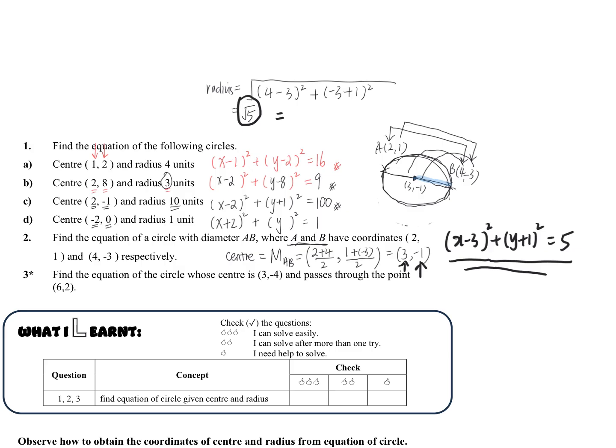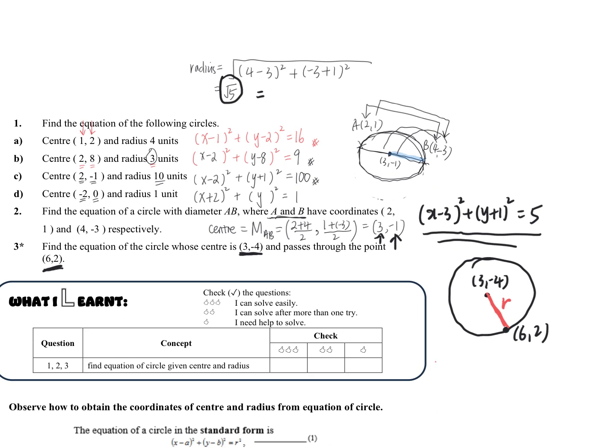Okay, last one. Find the equation of the circle whose center is this and it passes through this point. So imagine a circle, not the most perfect one, and it passes through the point 6, 2. So I already have the center, I just don't have the radius. So what do you think they want me to do? Find the radius, right? You can find the radius by finding the distance between these 2 points.